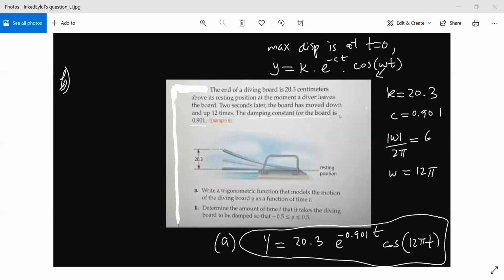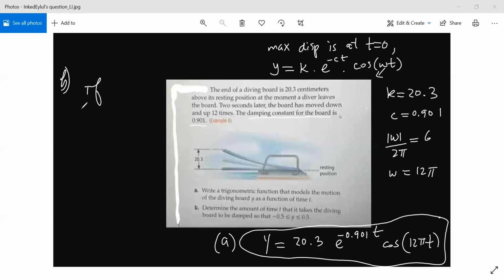Now for this part, it says determine the amount of time t that it takes the diving board to be damped, so that y is between 0.5 and 5. So basically, you want y to be between 0.5 and 5. So how long does it take for that?